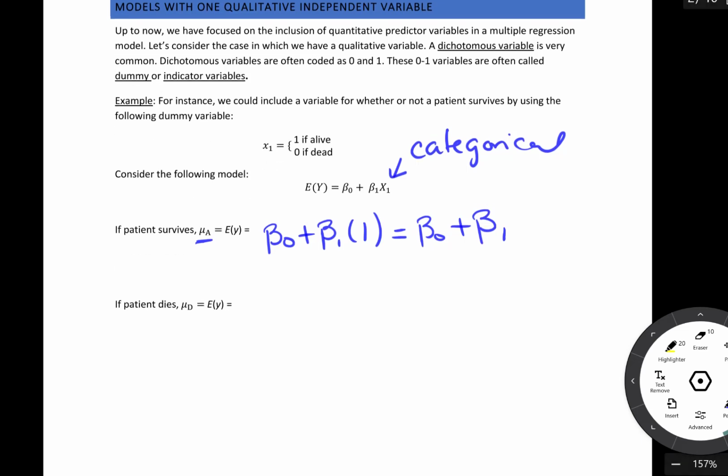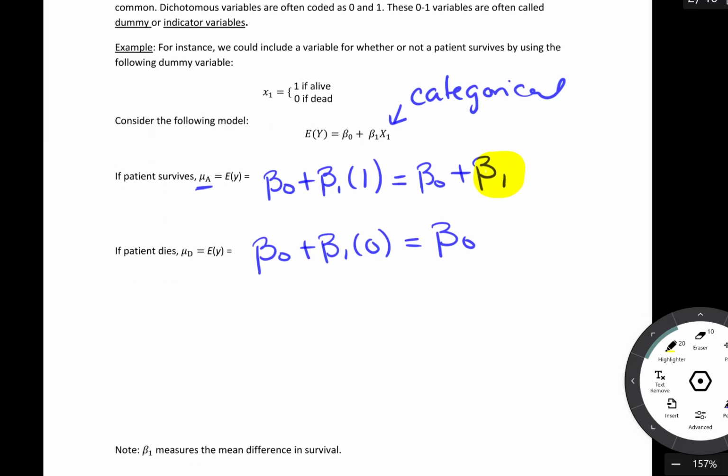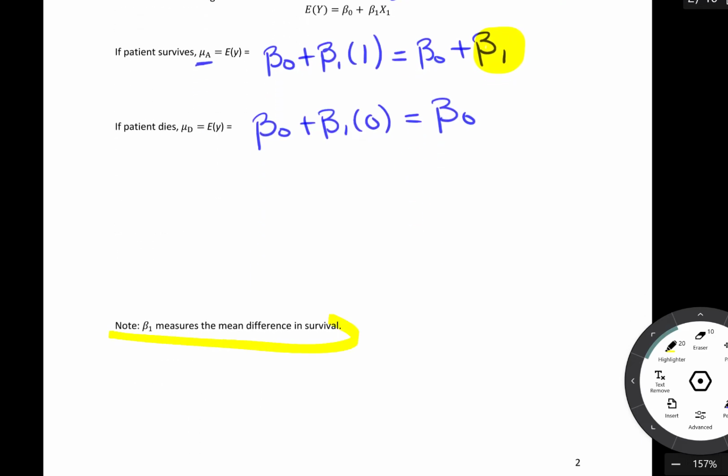On the other hand, if the patient dies, we have the following. We just have the intercept term. Notice the difference between these is really the beta 1 term. So what beta 1 is doing is measuring the mean difference in survival.